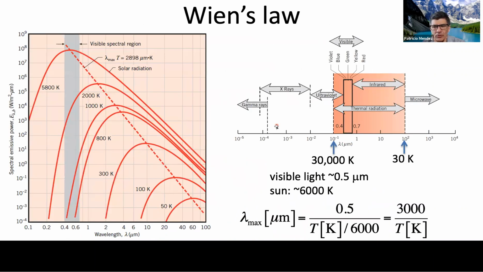So let me tell you about some of the laws of radiation. The book has many. I included this one that I think is interesting, Wien's law.